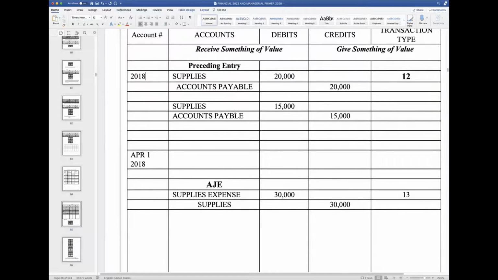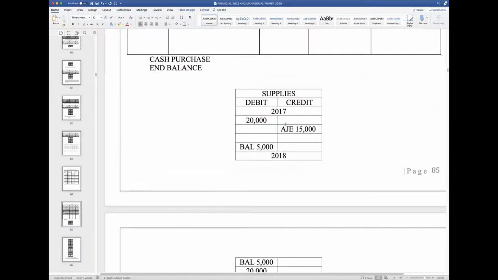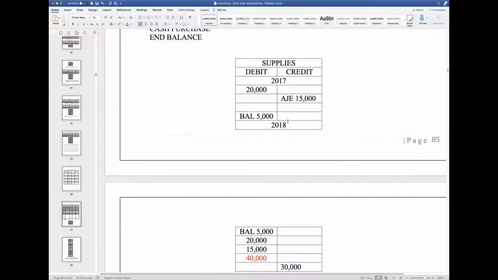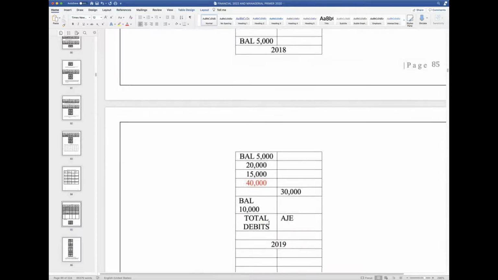It's just like with your bank account. If you have 5,000 in the bank on December 31st, and you add 20 and 15, you now have 40. And if you check it at the end of the year and it's 10, then you must have spent 30,000. That's all we're saying.